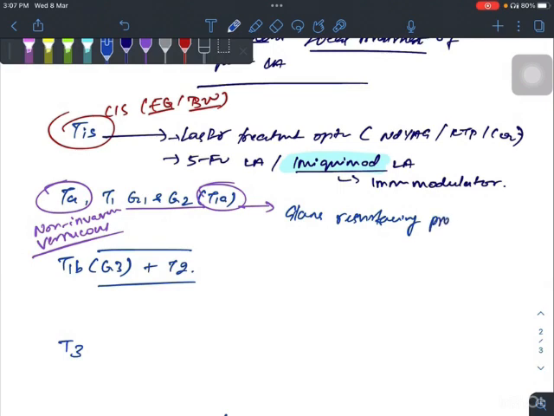In TIS also we can use these glans resurfacing procedures. So in TIS we have three modalities: laser, local application of immunomodulators, and glans resurfacing procedures. In TA and T1A, we have glans resurfacing procedures, then wide local excision.